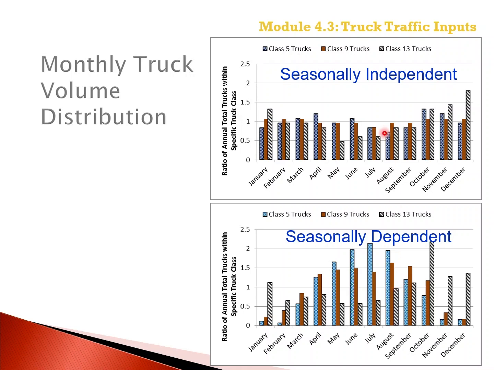Seasonally independent sites usually represent interstates and expressways, whereas seasonally dependent sites are typically represented by secondary arterials or local collector routes.